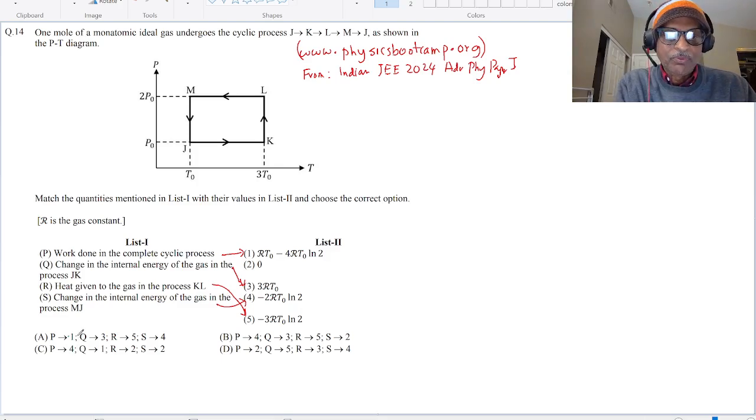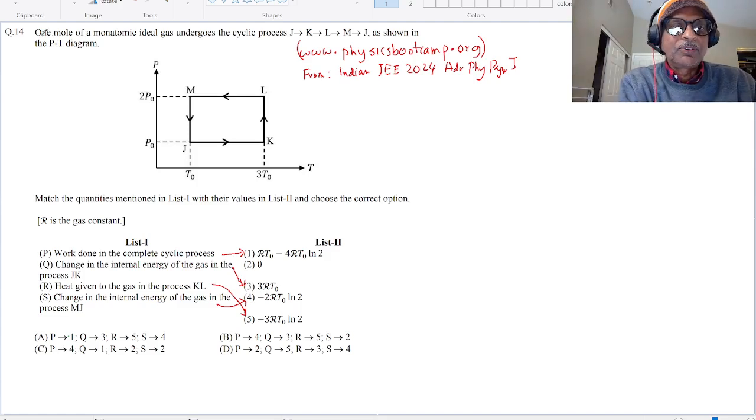So if you can rule out 1 and 2 for P, then it's only B or C. If you land on B and C, then you can say Q can be done. And similarly, you can do it for other things. So you can look at which question you can do right away, and that will help you rule out things quickly. That will be my strategy. Anyway, that depends on the question.